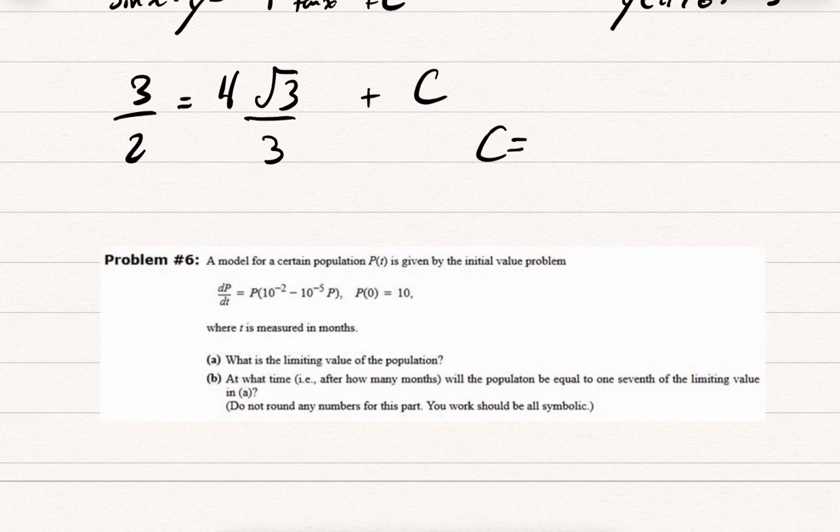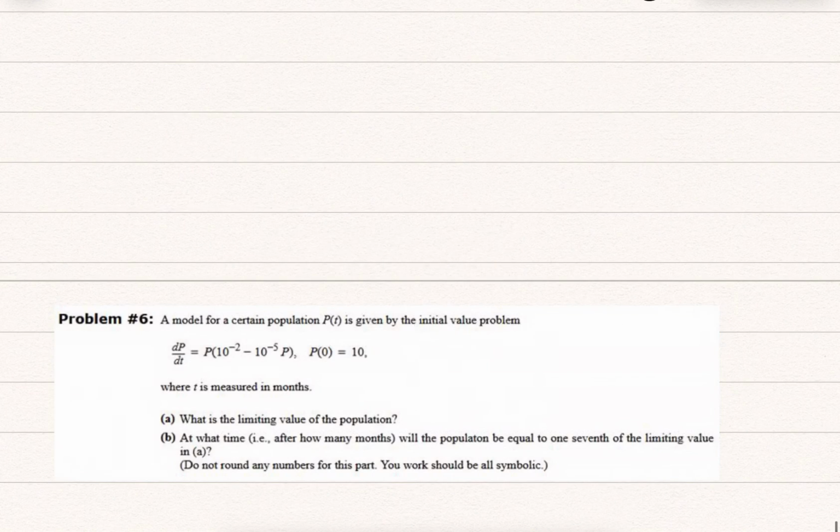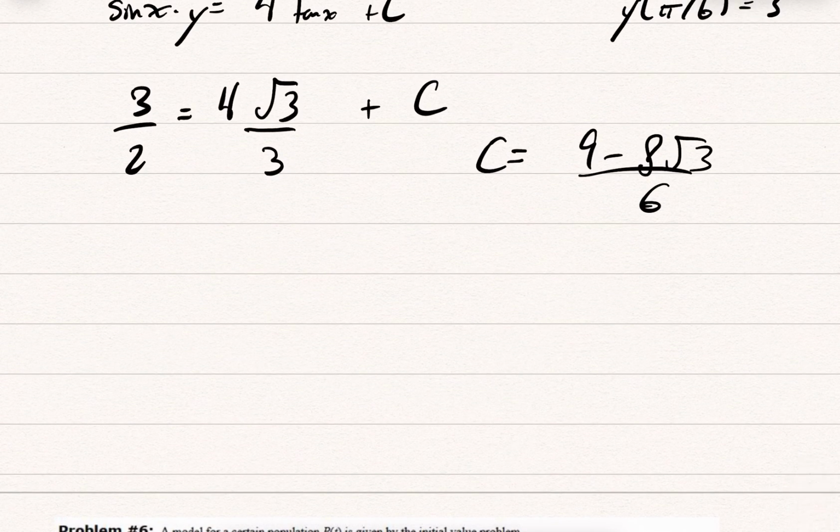C equals 9 minus 8 root 3 over 6. And lastly, to put it all together, we have y equals 4 tan x over cos x.